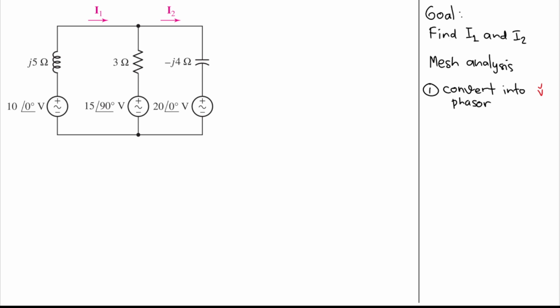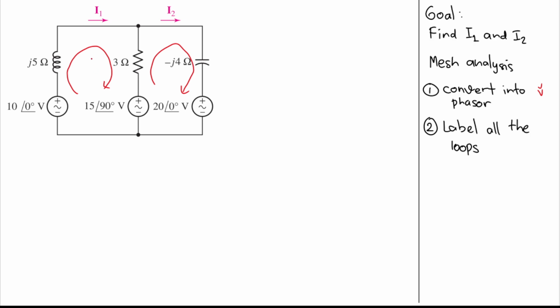Okay, and then the second step will be to label all the loops or the mesh. Let's see what we can do from here and also extract some information. Here we will have this loop, and also we have this loop.